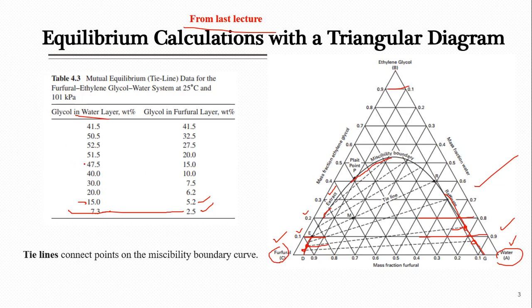Let's look at some other value in between, like 47.5% on the water side and 15% on the furfural side. Just look, this is the glycol 50% line. And what is the value here on the water side, because definitely we are on the raffinate side, and that is 47.5. So just below this, here it is 40, it is 50, so this point will be 47.5.